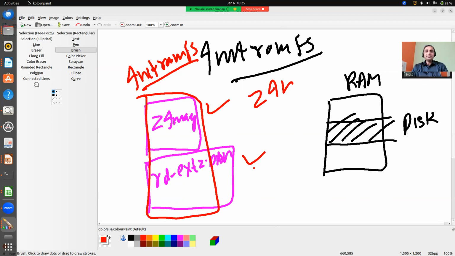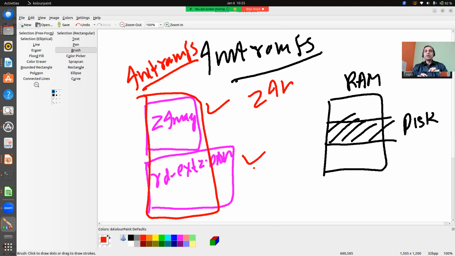This is one of the popularly used mechanisms in order to recover your board. All right, so hope now you are very clear about these terminologies of RAM disk, initRD, and initRAMFS.